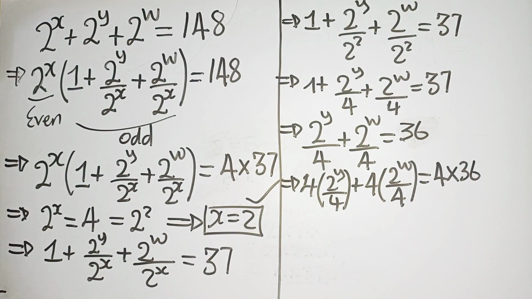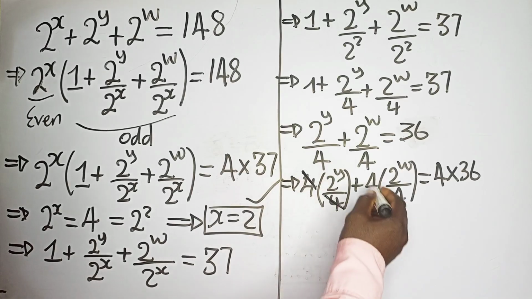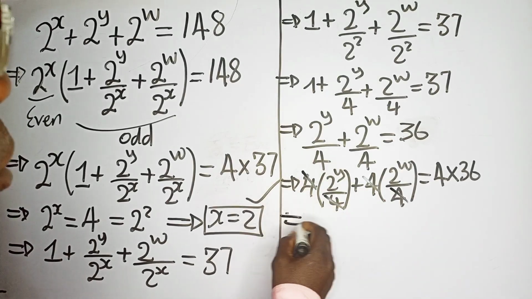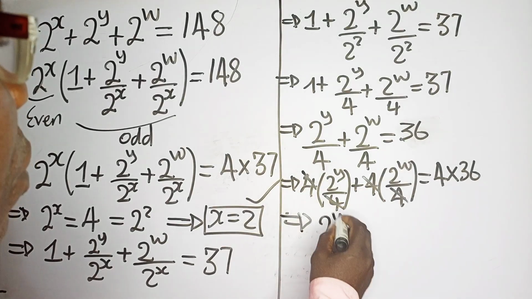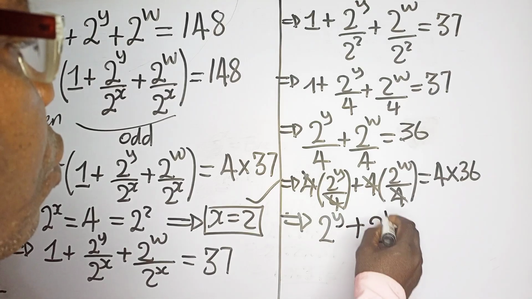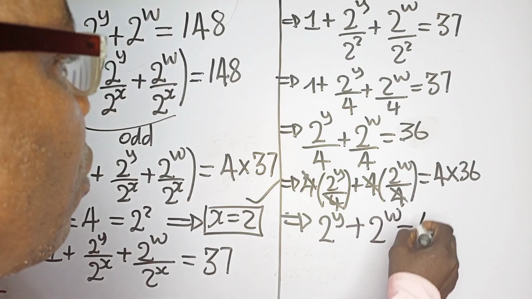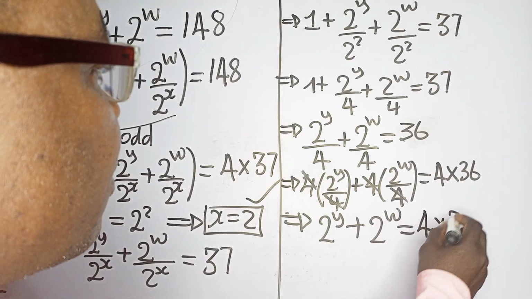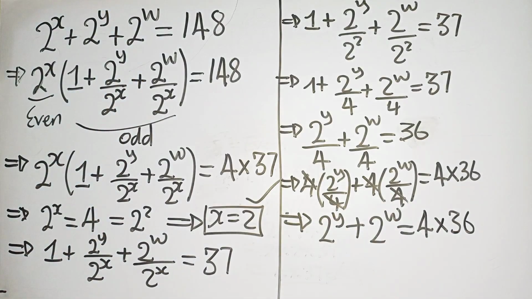Now you see the 4 cancels. So we end up with 2 to the y plus 2 to the w is equal to 4 times 36. This is the new expression we have.